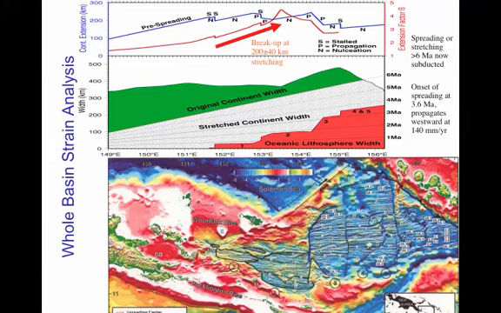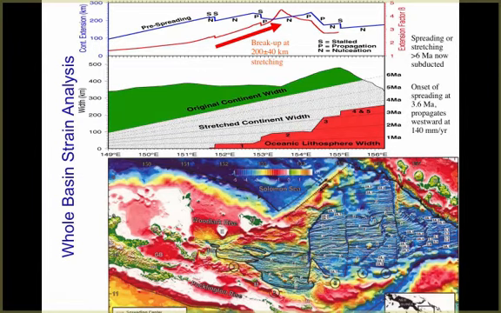And we also looked at the evolution of the continental crust from its original width, looked at how that continental crust was stretched and how oceanic lithosphere grew from the east to the west.